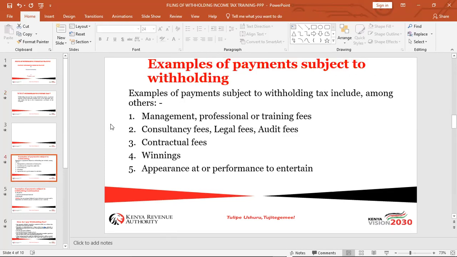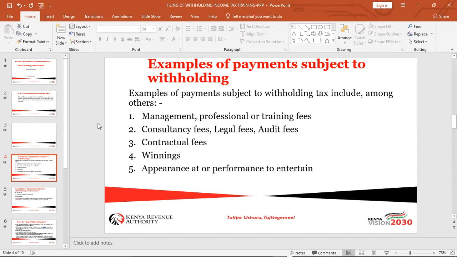Then the examples of payments subject to withholding. Number one, we have management, professional, and training fees. These are subjected to withholding tax. Number two, we have consultants' fees, legal fees, audit fees.